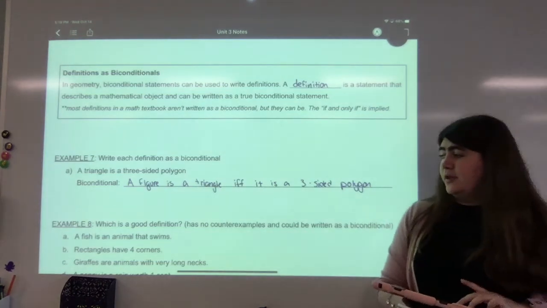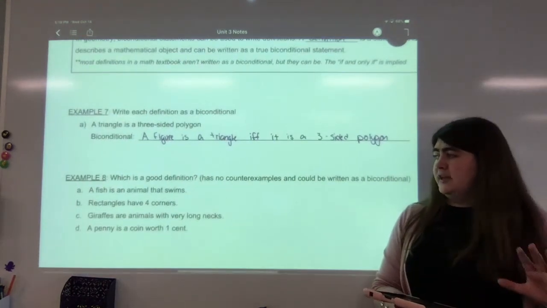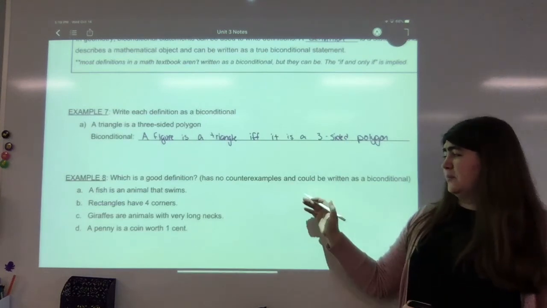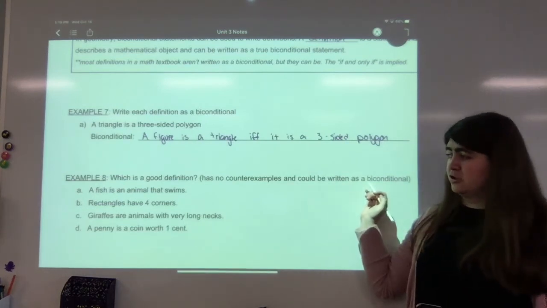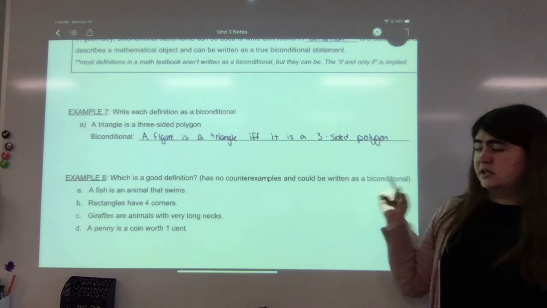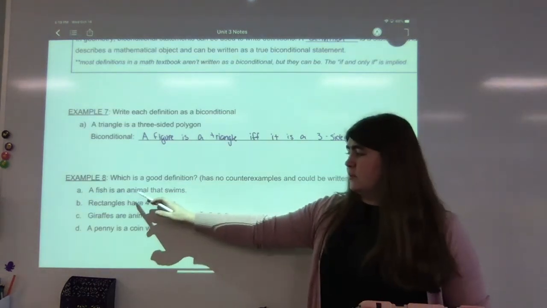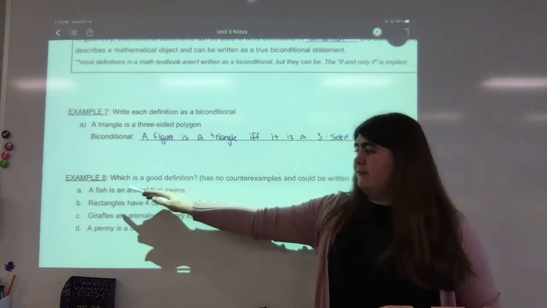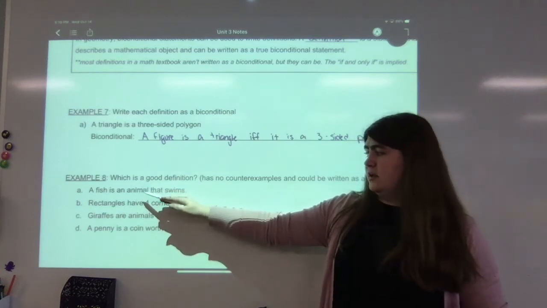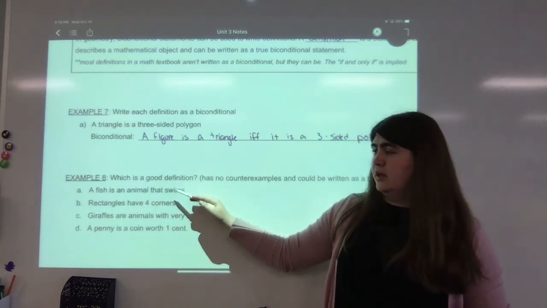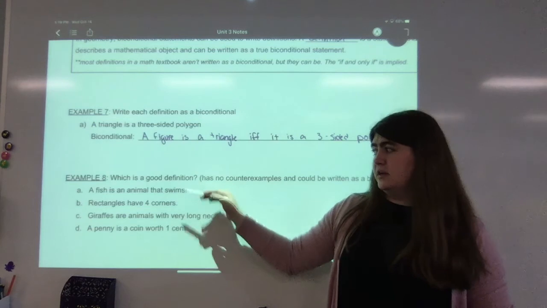All right, in example 8 here, we have: which is a good definition, has no counterexamples, and could be written as a biconditional. So we're going to start with the biconditional piece. A fish is an animal that swims. So if a fish is an animal, then it swims. If an animal swims, then it is a fish.